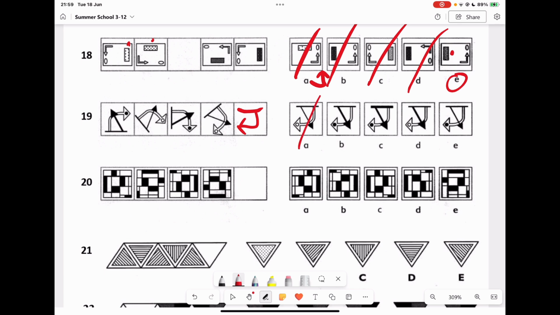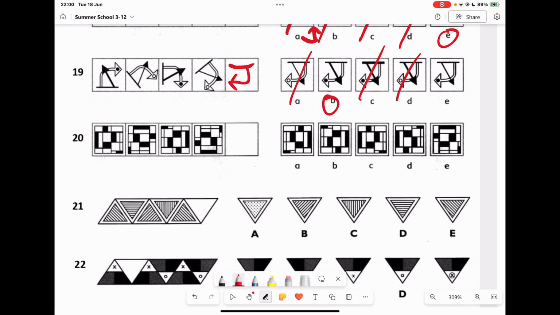So we can rule out A and D. Now, we are looking at two very similar lines, except that in C it is slightly thicker. So, considering that, our answer would be B.